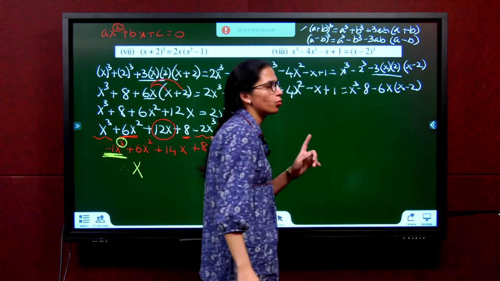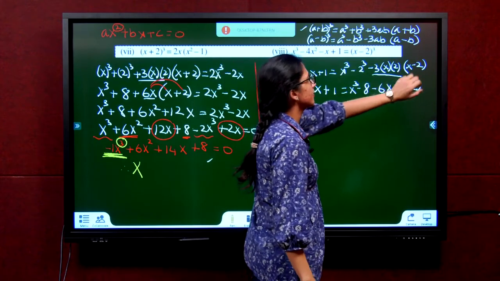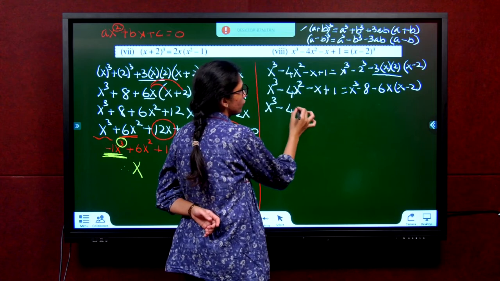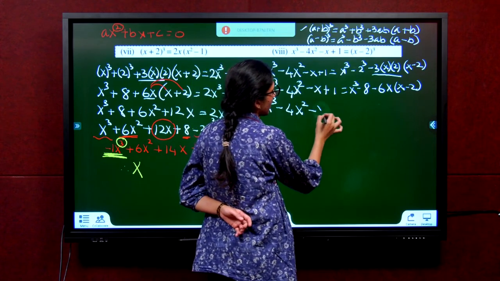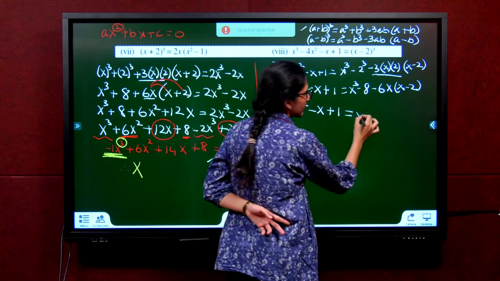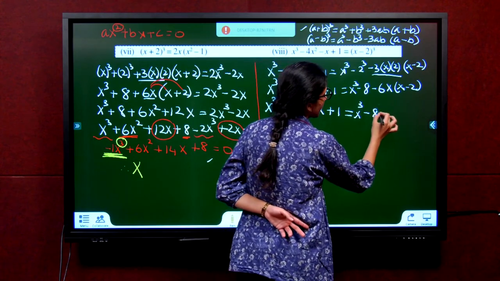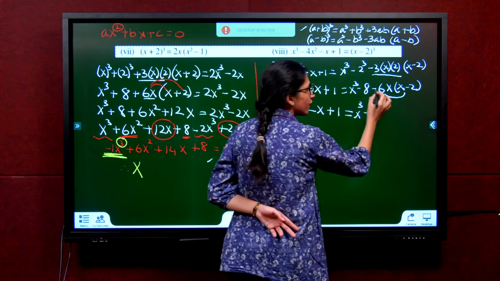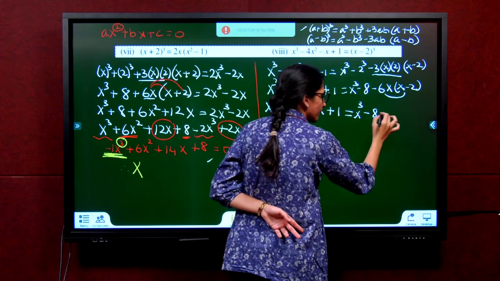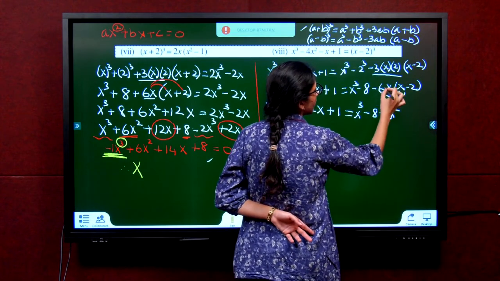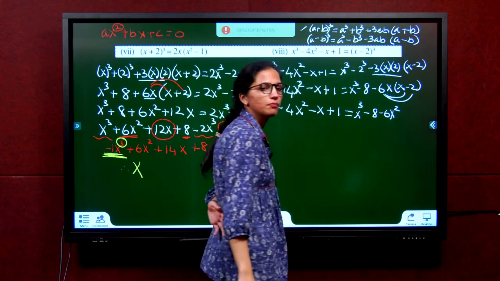Solve in steps, one bracket at a time. We solve this part, then we open the brackets. So x cube minus 4x square minus x plus 1 is equal to x cube minus 8 minus 6x into x. First the numbers, minus 6 into 1, minus 6, x into x, x square. Next, minus 6x into minus 2.